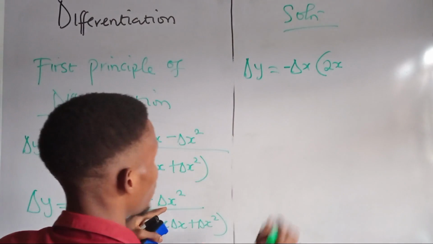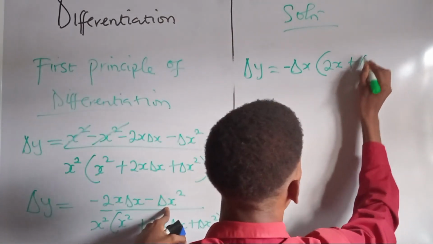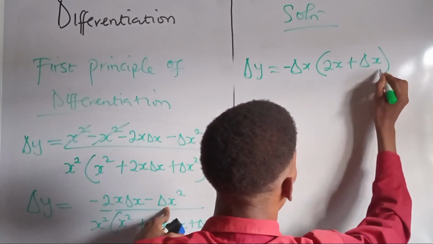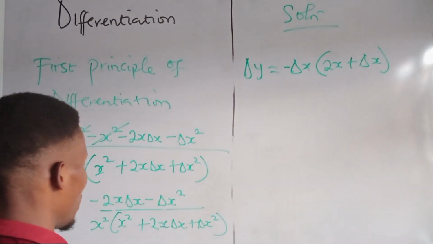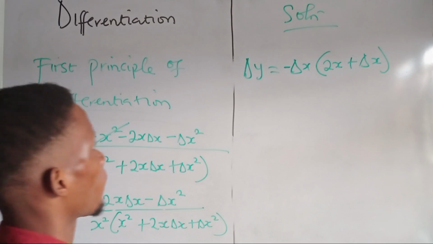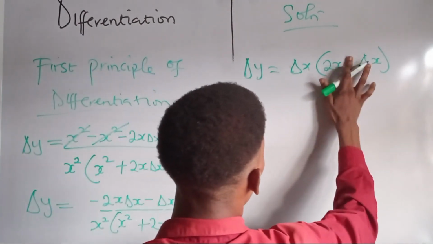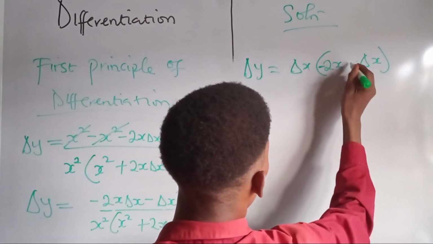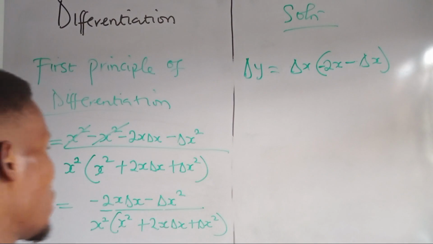So here it will remain plus change in s. So that if you use this multiply, you're going to still get the same thing, which is what is here. Do you understand? Or let's just leave it this way. It's still the same thing, whichever way you want it to be.